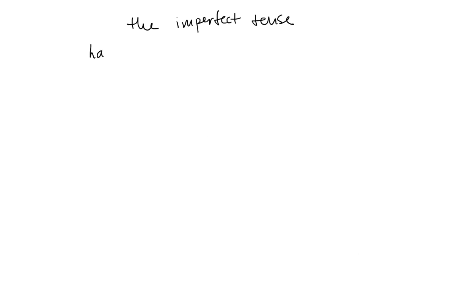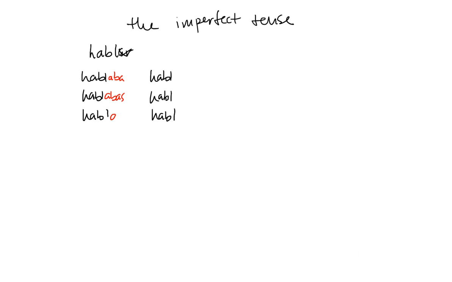If it's an AR verb, take hablar, you drop the ending, take the root, and add the following endings. Aba, abas, aba, ábamos with an accent, abais, no accent, and aban.